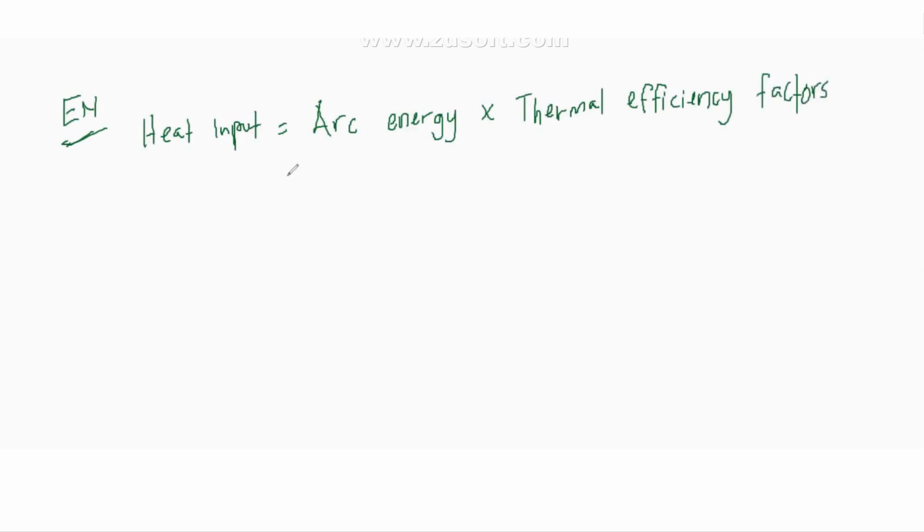So here, arc energy equal to volt times amps divided by travel speed times 1000.